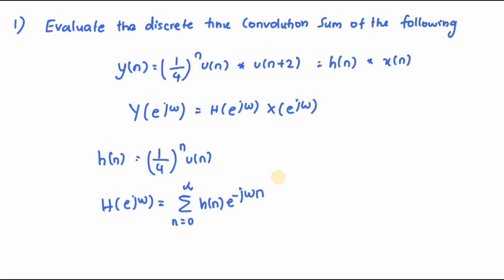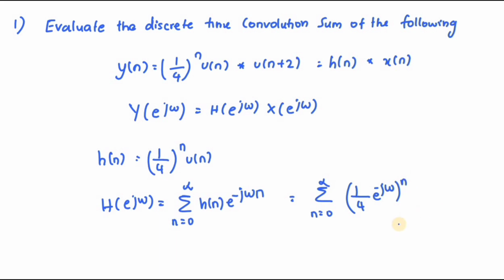Now I am going to substitute the value of (1/4)^n, so n is equal to 0 to infinity, (1/4) e power minus j omega, all power n. I can write like this.